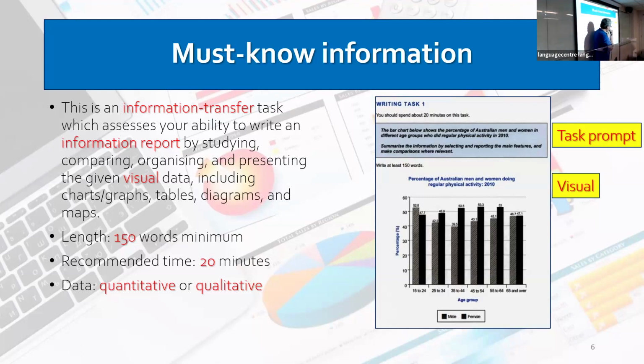And then the visual is, of course, very important because the main job of your information report is to describe the visual in an accurate and organized manner. So let me conclude. In the IELTS writing exam, for task 1, you see two parts, the task prompt and the visual. I will tell you in a minute what you need to do with the task prompt and the visual.